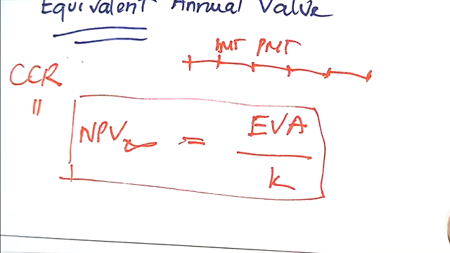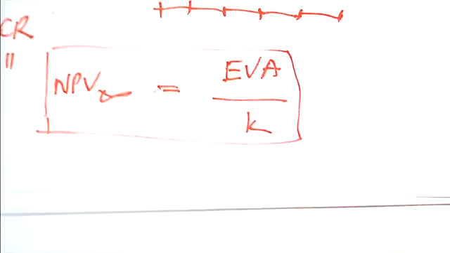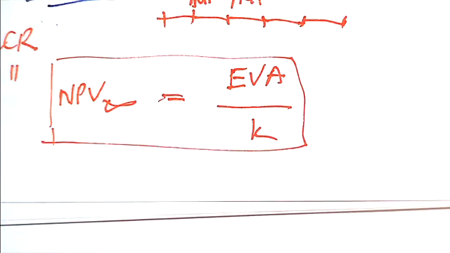And that's why you have the relationship of the project. So if you can calculate the NPV infinity and the EVA of the PMT, you can see the relation here. And if that relation doesn't hold, it means that one or the other calculation was wrong.